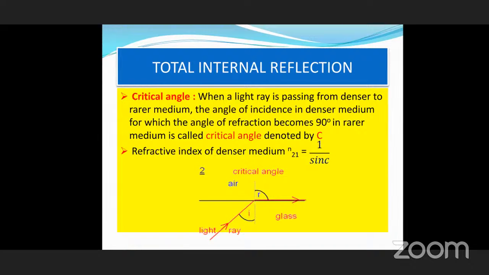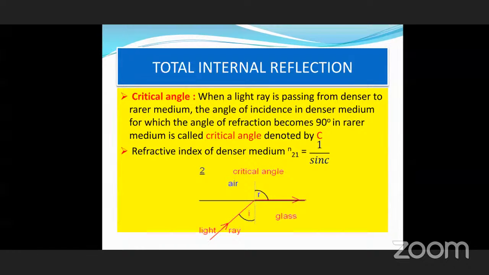When the ray grazes the surface separating the two media, the refractive index of the denser one, n21, is 1 by sin C. In this case, we just have to calculate 1 by sin C. Okay, this is the critical angle.